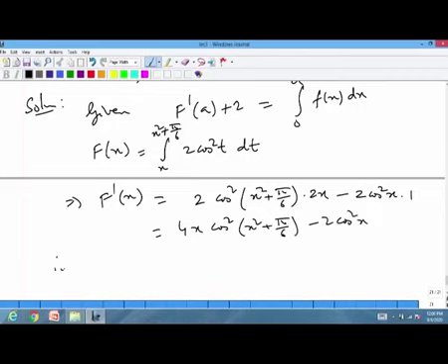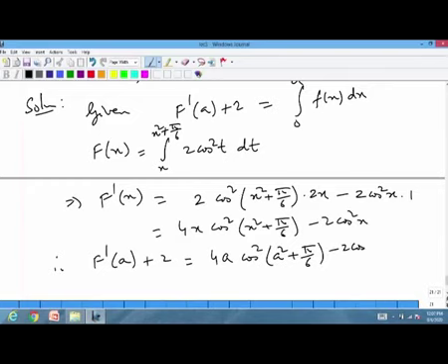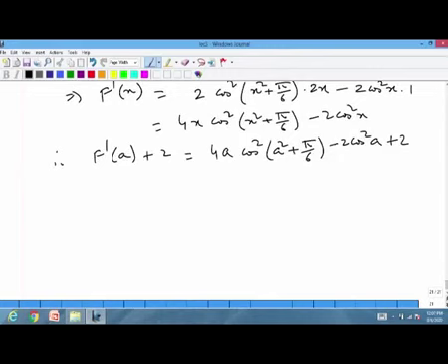So, therefore, f prime a plus 2, which will be equal to 4 a cos square a square plus pi by 6 minus 2 cos square a plus 2, which I can write as 4 a cos square a square plus pi by 6 plus 2 sin square a, because sin square a is 1 minus cos square a.